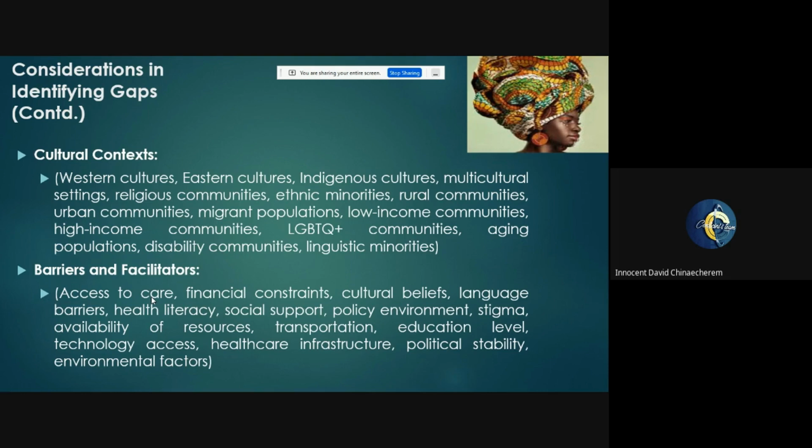So it could also be based on the cultural context, right? Where you can look at it from various settings, which can also sometimes serve as your population. And you could also look at barriers and facilitators, right?